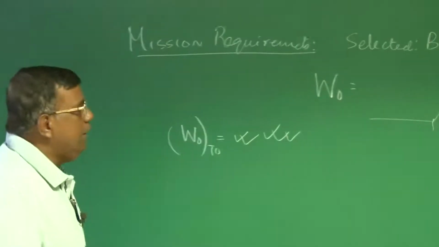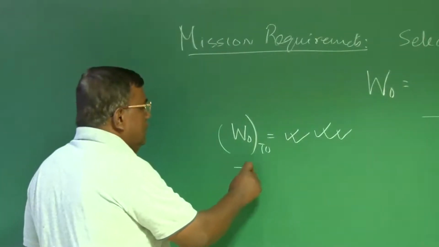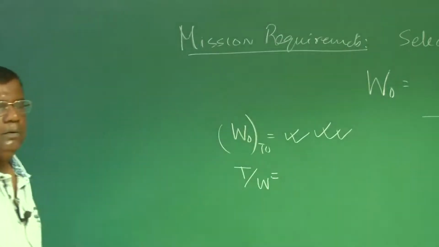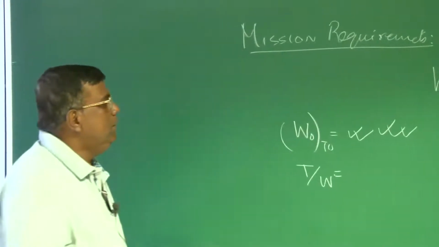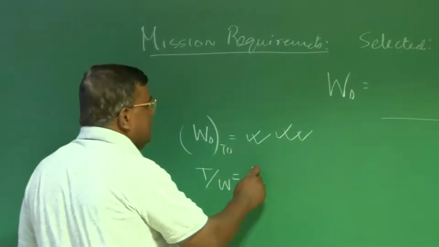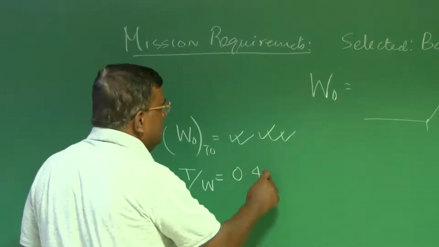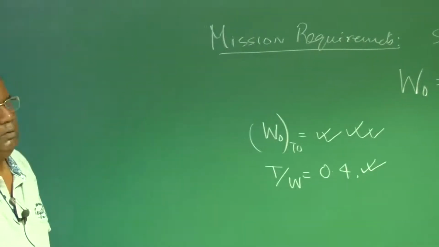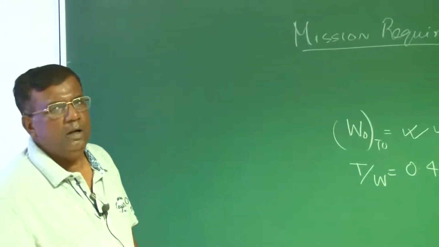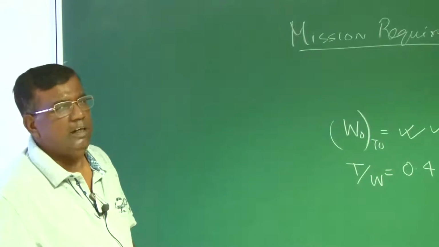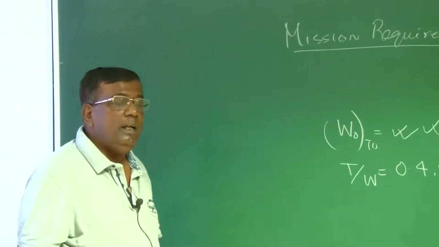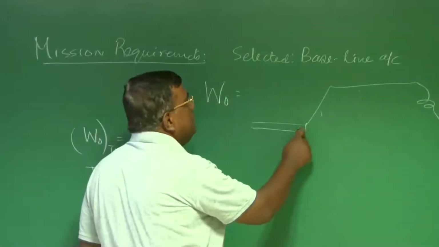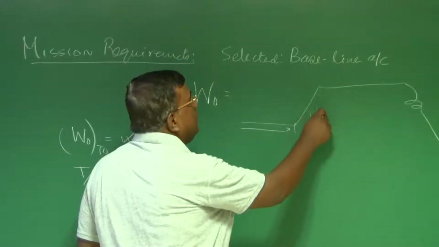Now the next question was on the thrust loading. From 2-3 criteria we found out what the thrust loading is. Let's say it is 0.4. Some values we have already estimated and we have discussed what our understanding should be to get T by W, because T by W will play an important role in accelerating the airplane to takeoff as well as for rate of climb.